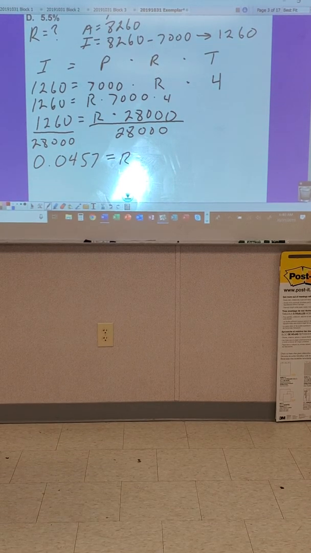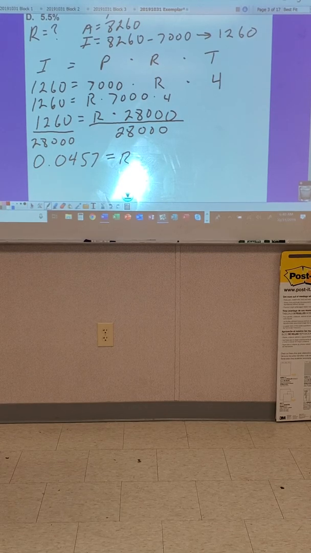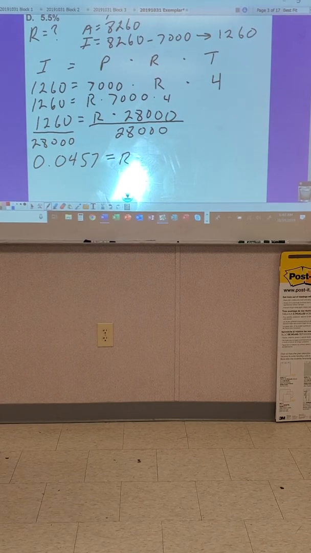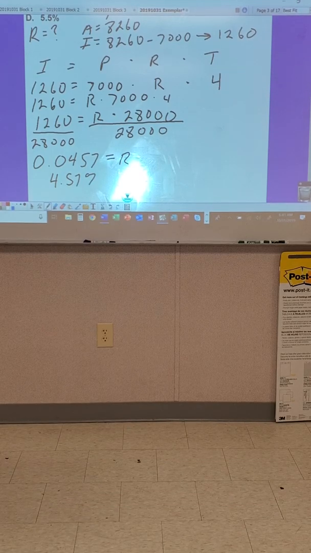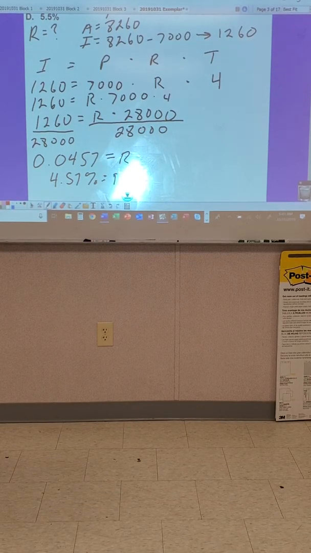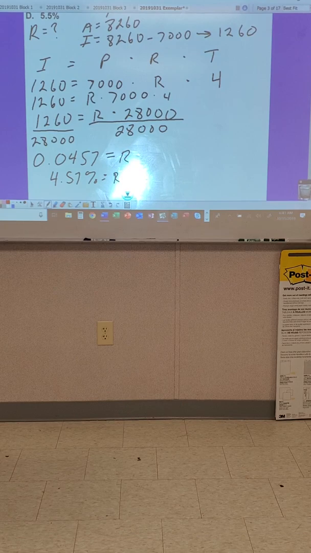That gets R on one side and the value of R on the other side. If we convert this, we end up with 4.57% as our rate.